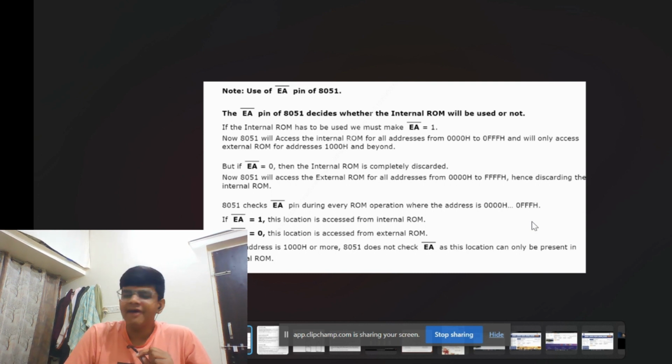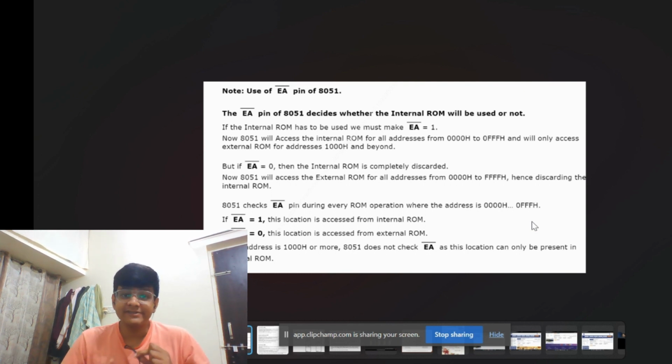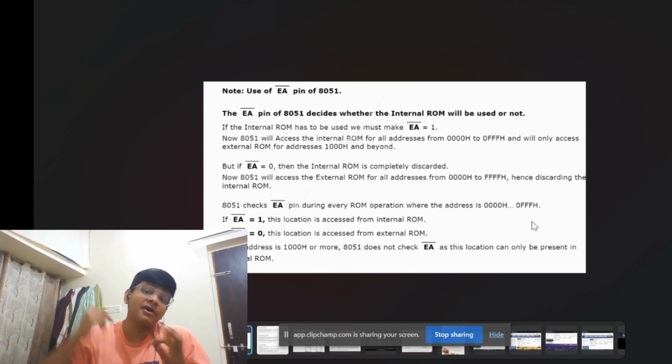But if the same radius exists in a parallel universe, I will get confused about which universe's radius you are talking about. So I need to specify that. Here EA bar does the same. When EA bar equals 1, I specify that it is my internal universe, so I will take the information from internal ROM. If EA bar equals 0, I'm talking about another universe. That's the simple explanation.